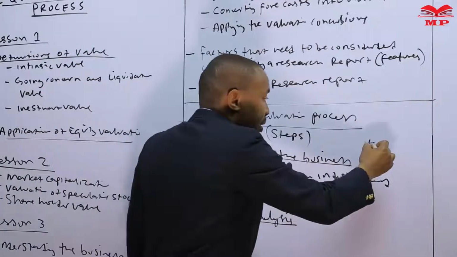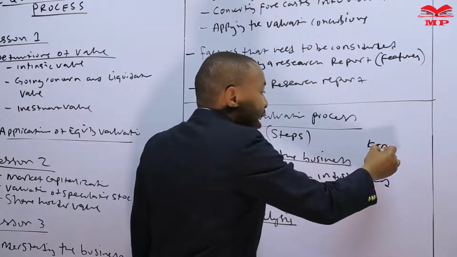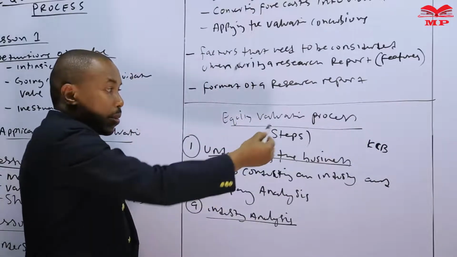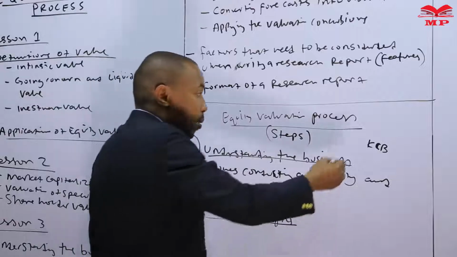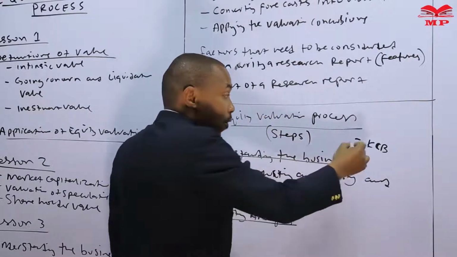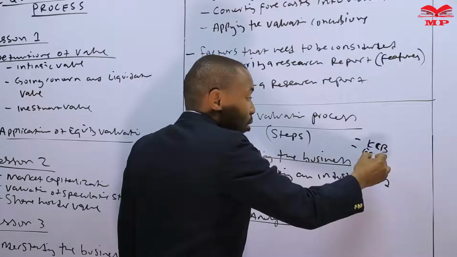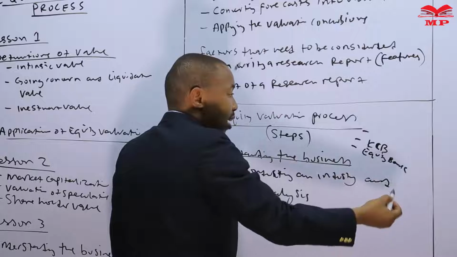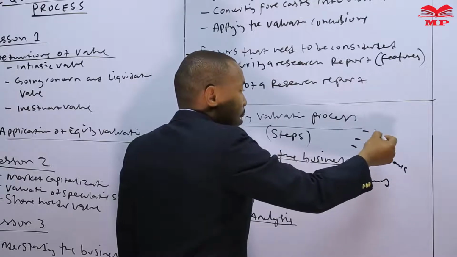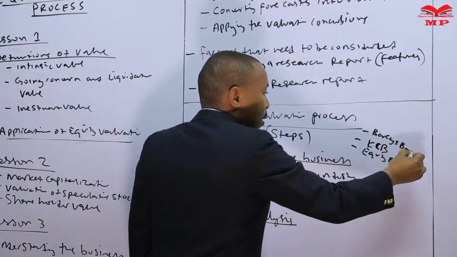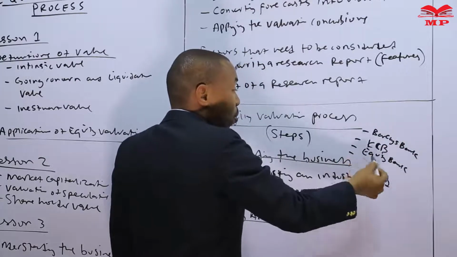Since our example is KCB, you need to see which other companies have assets similar to KCB. Listed companies, the ones listed on the exchange. The first one is Equity Bank. Another one is Barclays Bank. And to add on is Cooperative Bank.